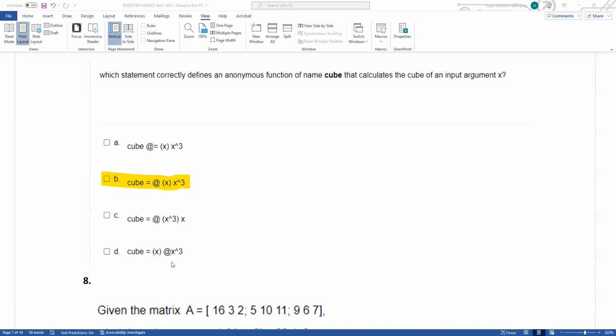This one here is definitely wrong. It's got the at symbol in the wrong location. And so that leaves us with B, which has the correct symbol at after the equal sign, followed by the parameter, followed by what the function is going to do, the operation.